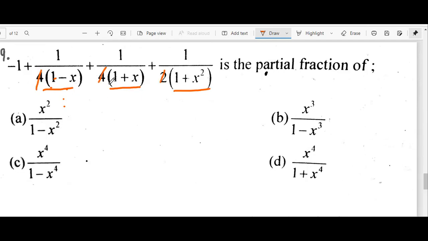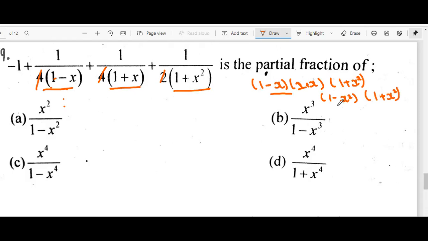Only focus on the factors. So let's just write down the factors here. We have 1 minus x, 1 plus x, and we have 1 plus x square.